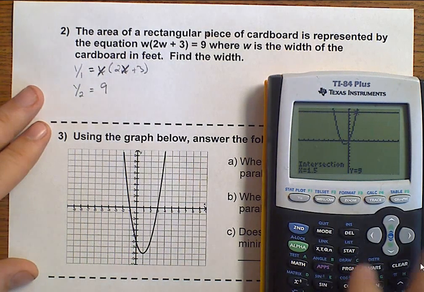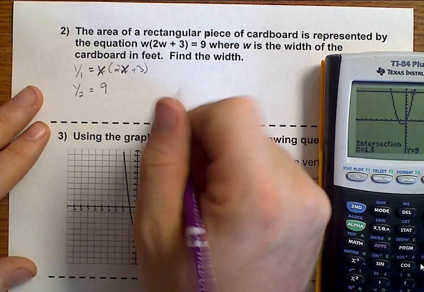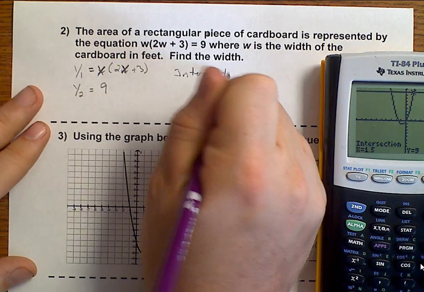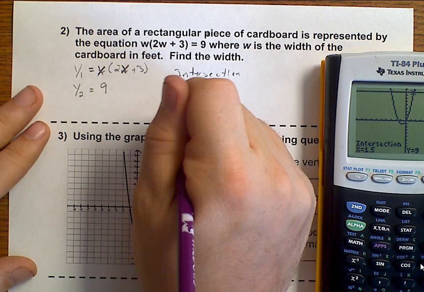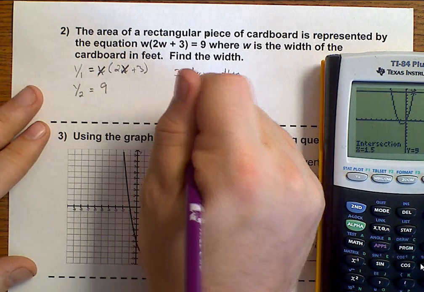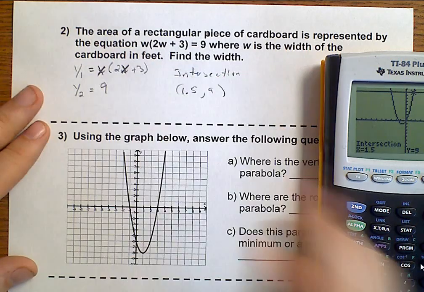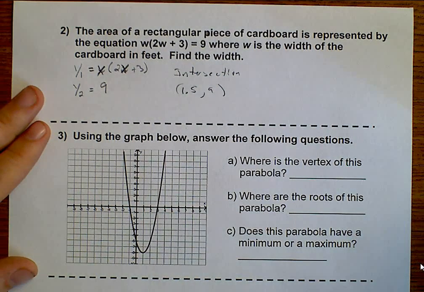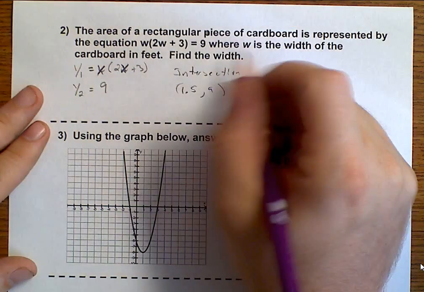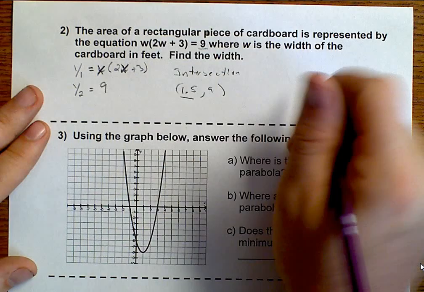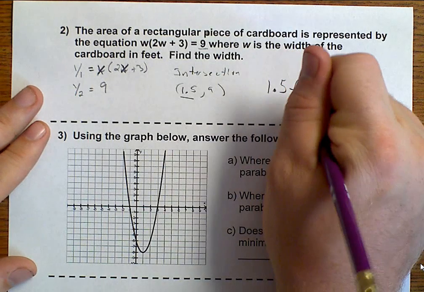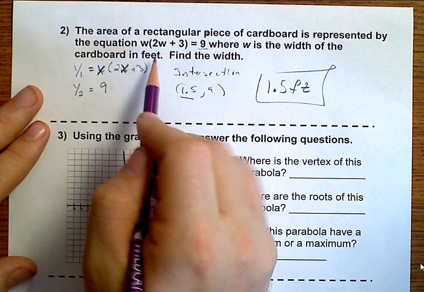And our intersection is at 1.5. So because our intersection is at 1.5, when is the width equal to 9? Well, that would be at 1.5. So 1.5 feet, because it says feet right there.